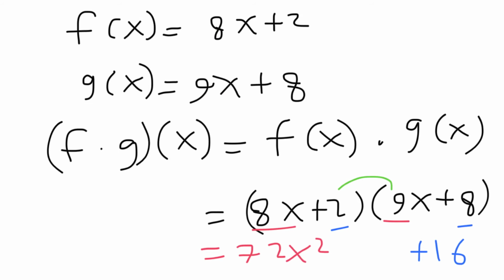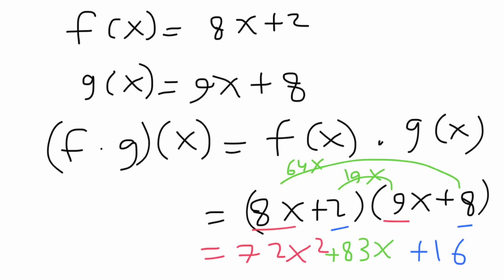The inner is 19x, and the outer is 64x. When you add them, you get the middle term, which is 83x. So that's it. That is the result of the multiplication.